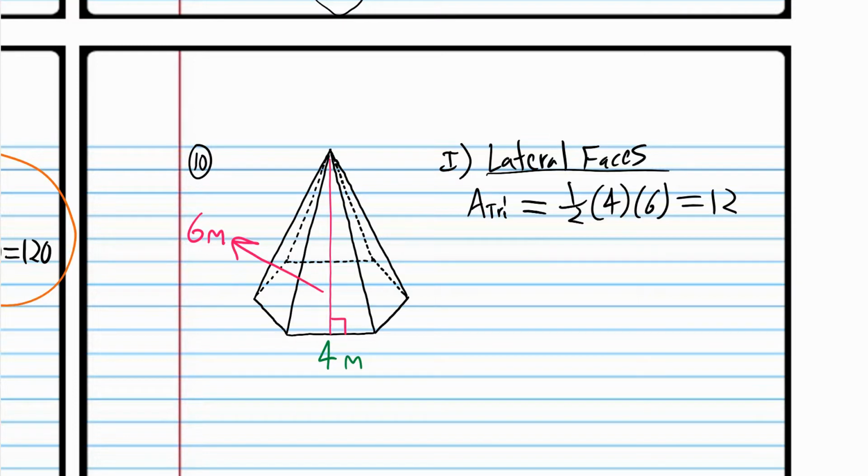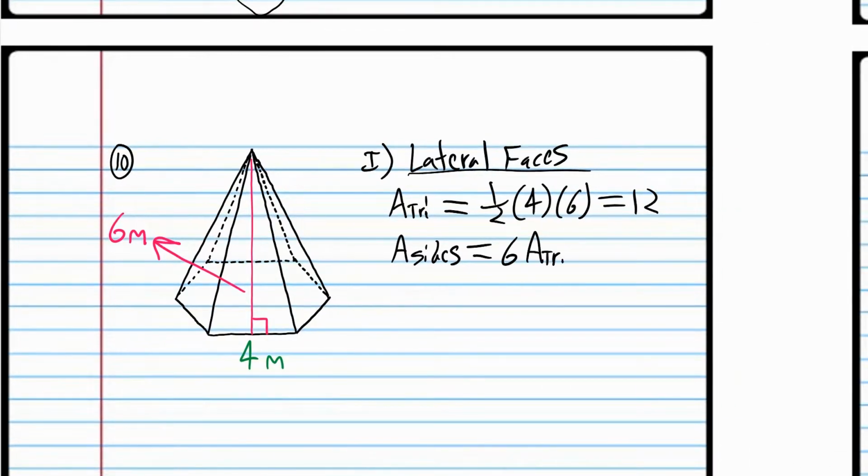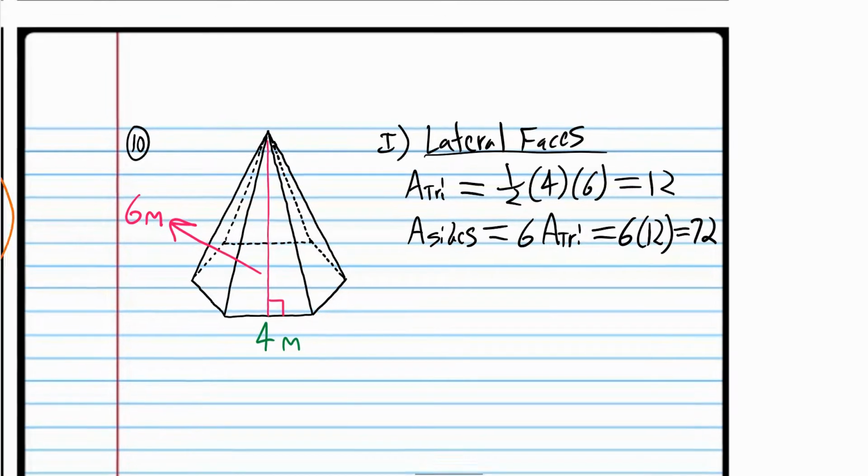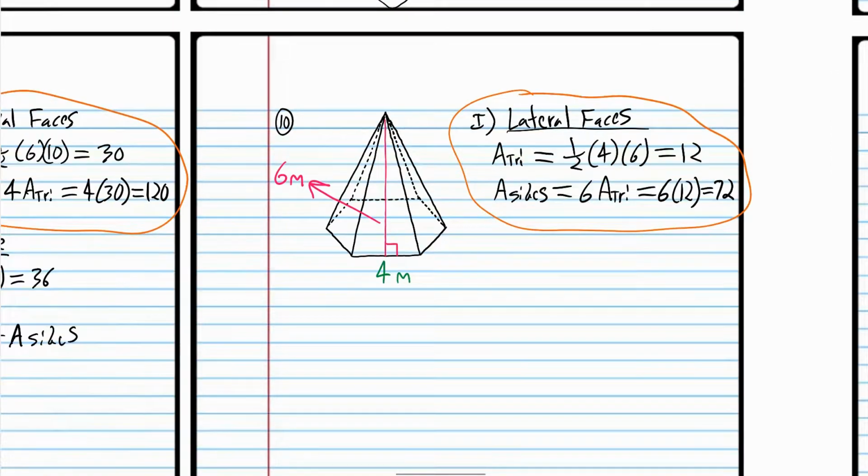And the area of all the sides together is going to be 6 times the area of each one of those triangles. So 6 times 12 is equal to 72. So we're done finding the area of the lateral faces.